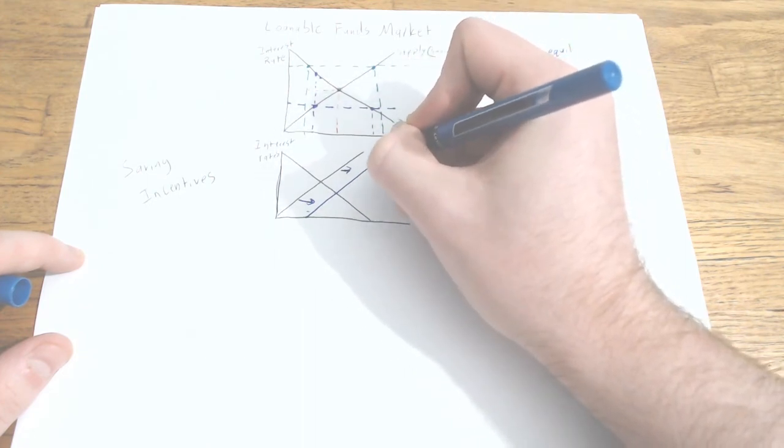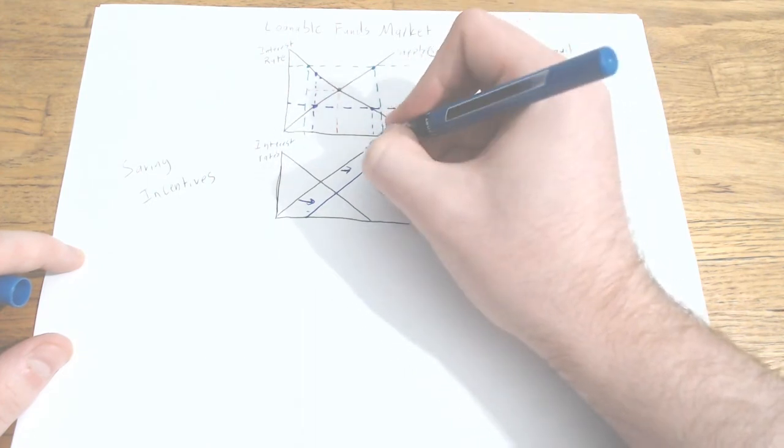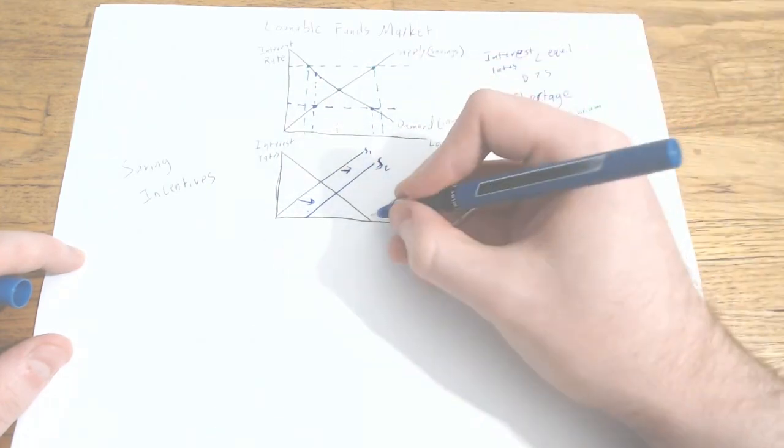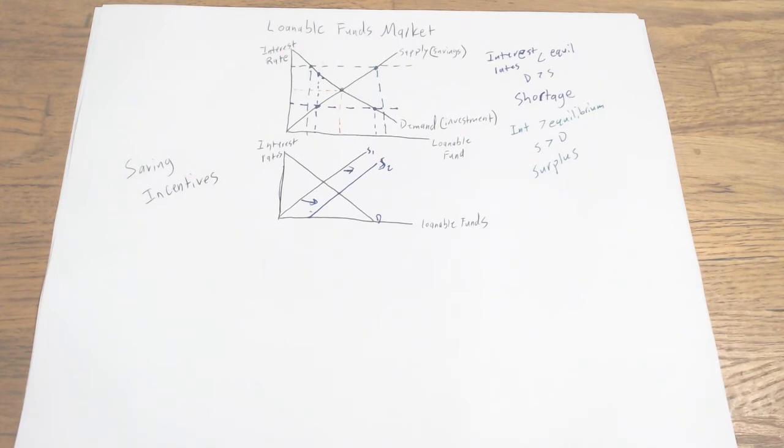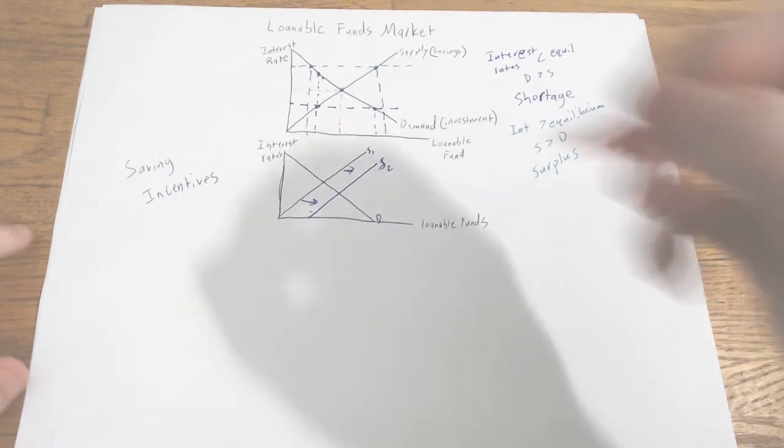This will be our S2. And this will be our S1. And this is D. If savings increases to our right, we can now examine the new equilibria and compare it to the old.